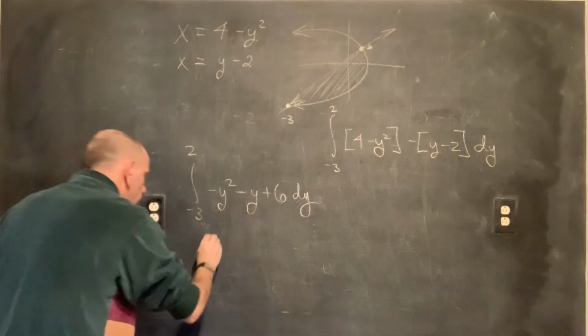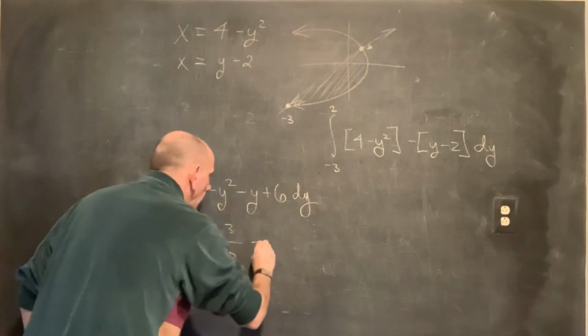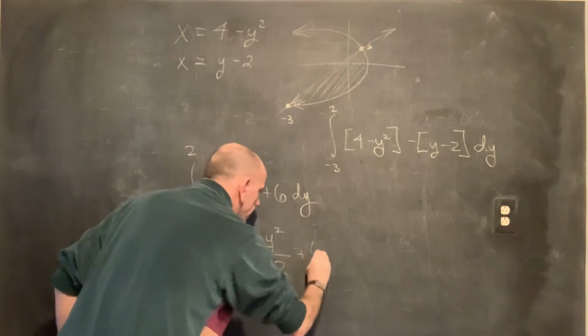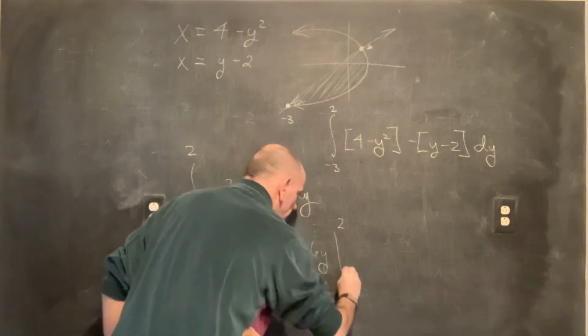Nice straight power rules. Negative y cubed over 3 minus y squared over 2 plus 6y, evaluated at 2 and negative 3.